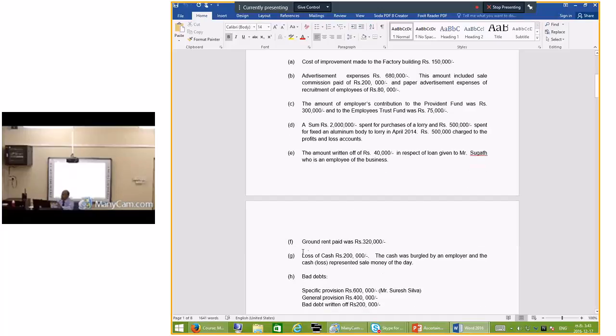Rent and rates is an allowable deduction. Loss of cash 200: the cash was burgled by an employee, and the cash loss represents the sales money of the day. Right? This case, right?